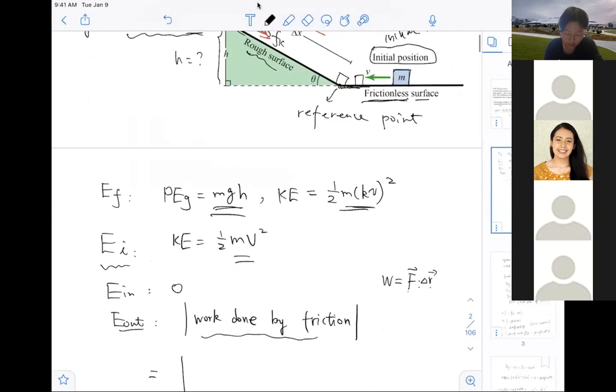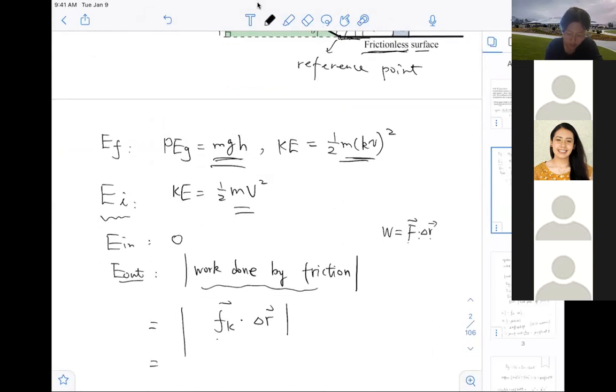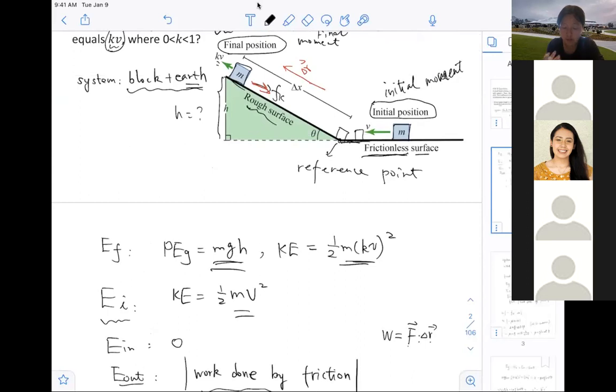So I calculate this as frictional force dot displacement, and the frictional force and displacement are in opposite directions. So it's negative, the magnitude of the frictional force times the magnitude of my displacement. Delta x represents the entire length of the ramp, how long the ramp is. That is labeled already for us.